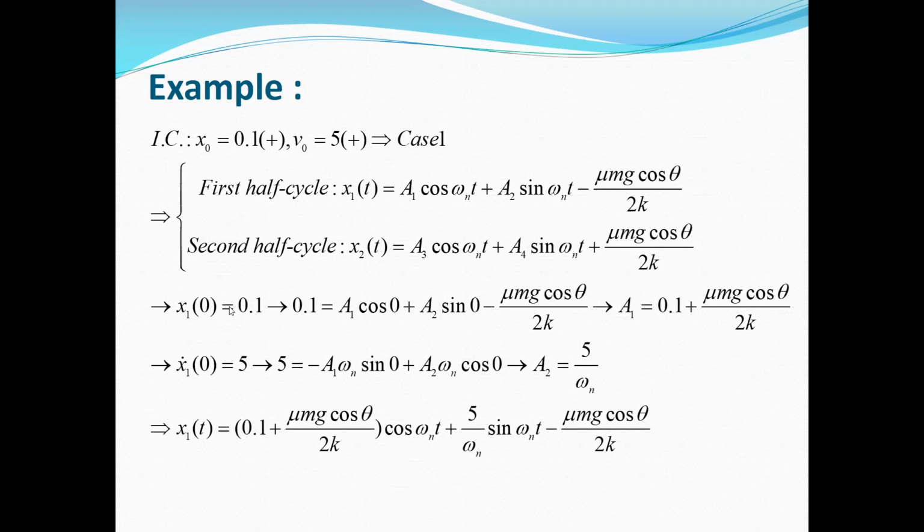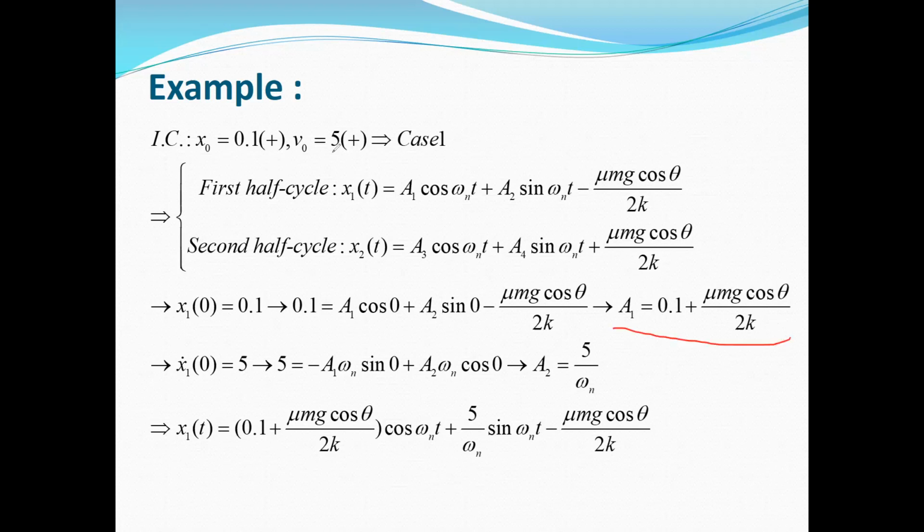When t is equal to 0, x is equal to 0.1, so instead of t, we substitute 0. We will have a1 times cosine 0 plus a2 times sine 0, which is 0, minus the particular response, equal to 0.1. And by solving this equation, we can obtain that a1 is equal to this term.